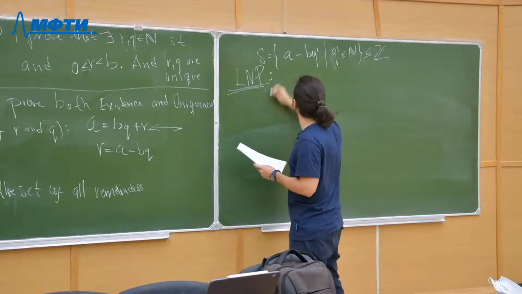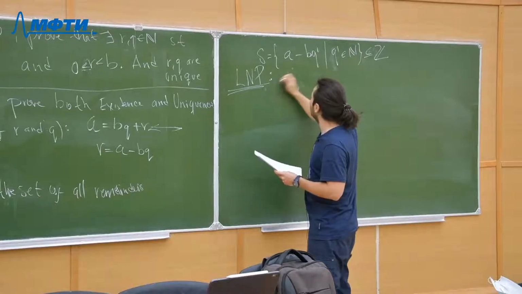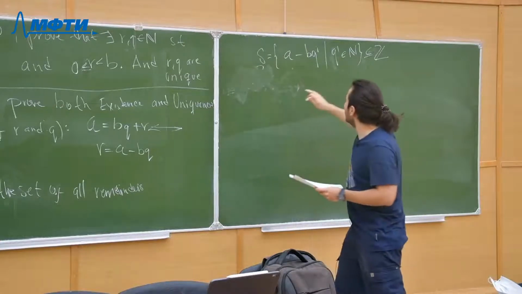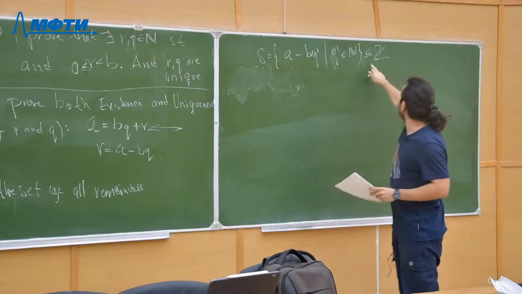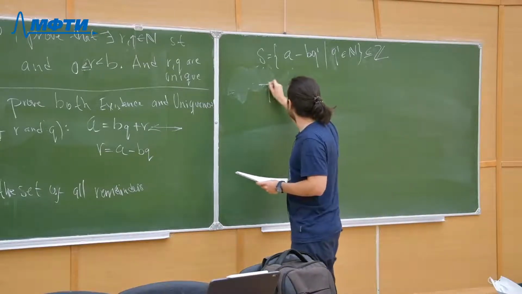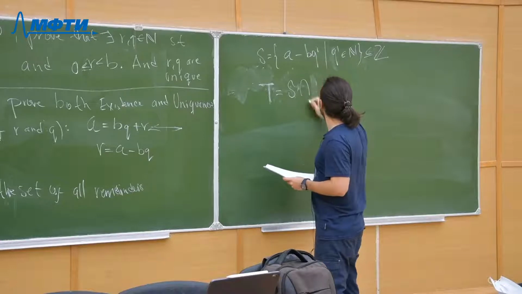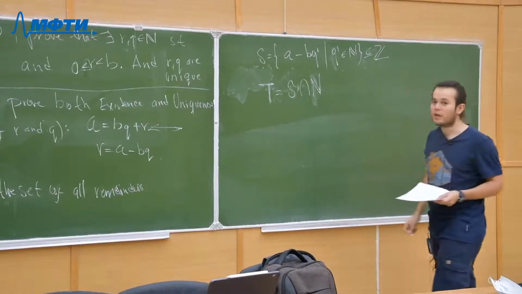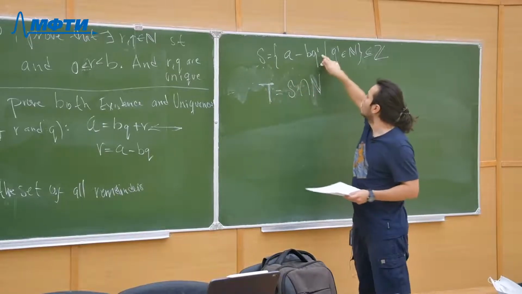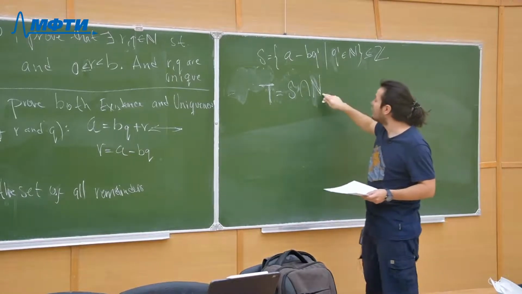S is a subset of the integers, but we need another set. So let T be the intersection of S with the natural numbers. T is this set, but only for those numbers which are natural, not all the integers that we have here.